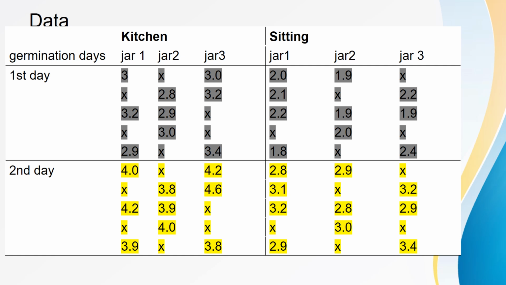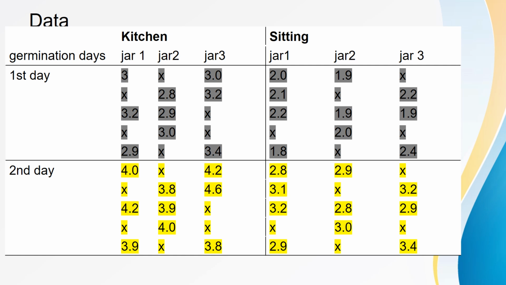This is the recorded data. Germination days: first day, second day, and the like. Seeds germinated in the kitchen in 3 jars: jar 1, jar 2, jar 3. Seeds germinated in the sitting room, also in 3 jars: jar 1, jar 2, jar 3. Remember, in each jar we placed 5 seeds.